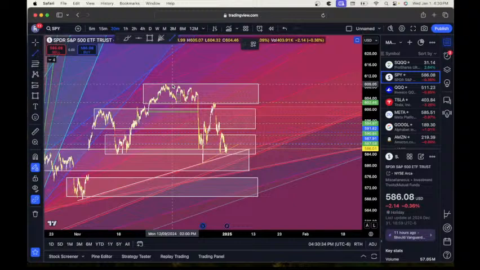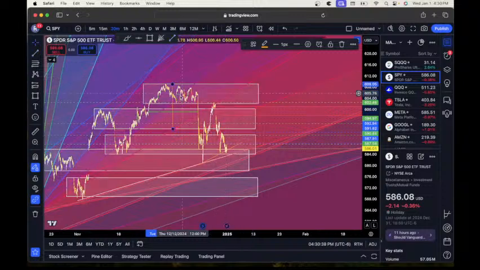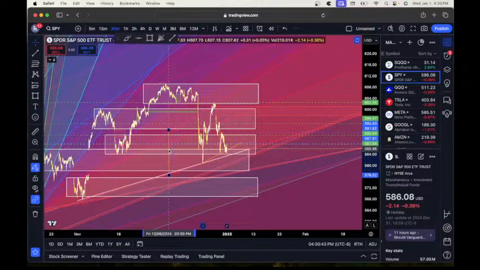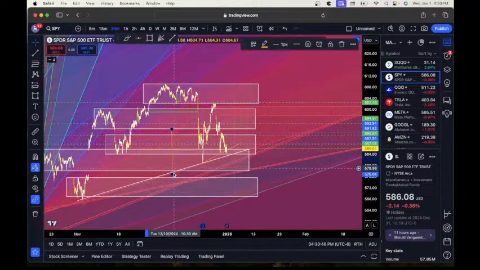I always say from the head to the bottom of the shoulders gives you an idea of where prices are supposed to head if you mark it right. And it's actually not straight. All right, that's better.